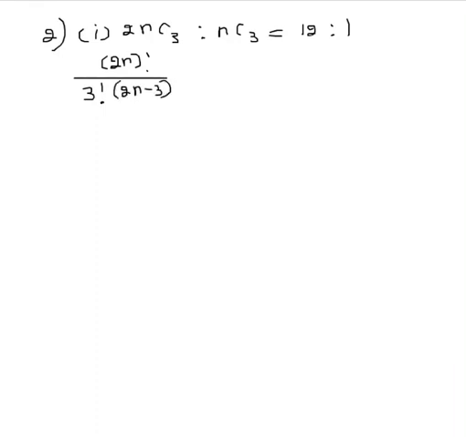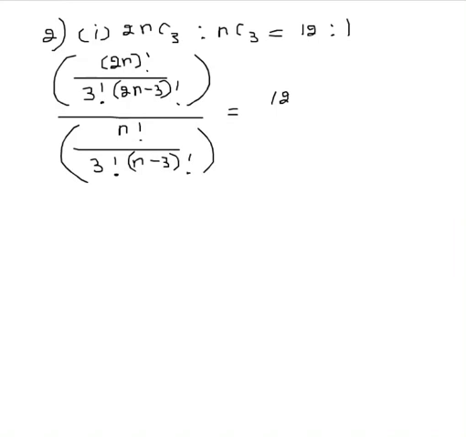Second question. Determine n if 2nC3 to nC3 is equal to 12 is to 1. 2nC3 is 2n factorial divided by 3 factorial multiplied by 2n minus 3 factorial, divided by, the denominator formula is n factorial divided by 3 factorial times n minus 3 factorial, is equal to 12 divided by 1, which is 12.